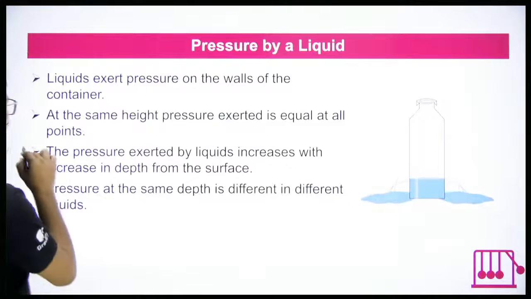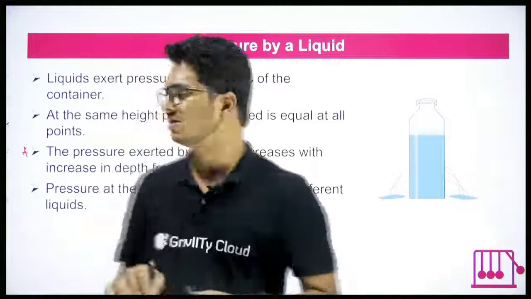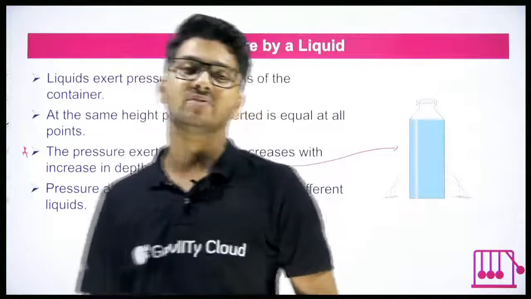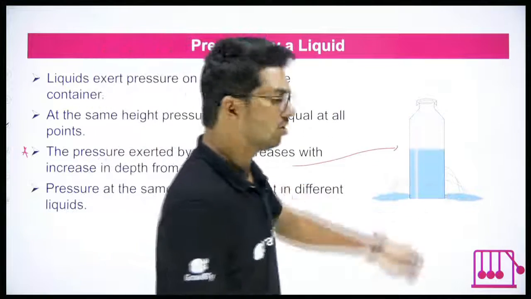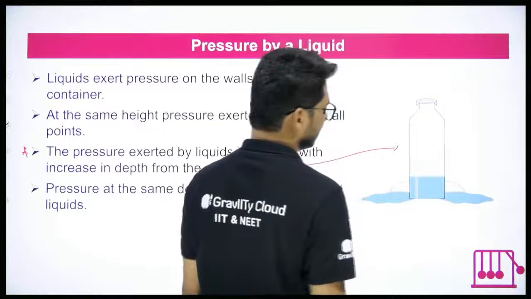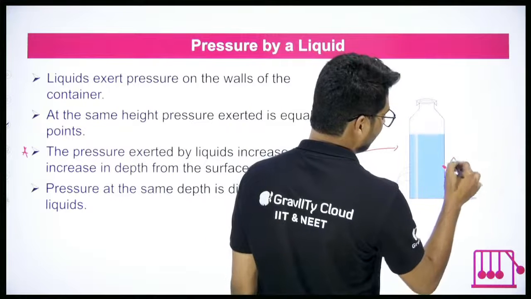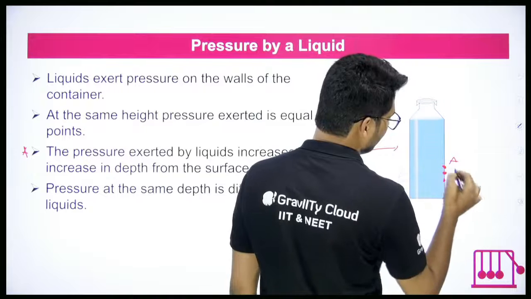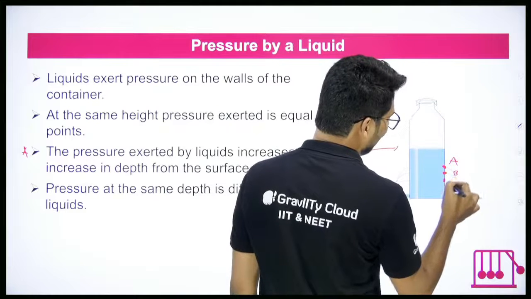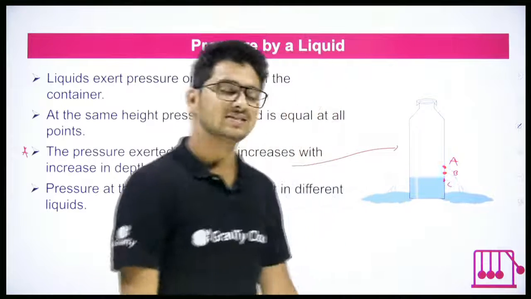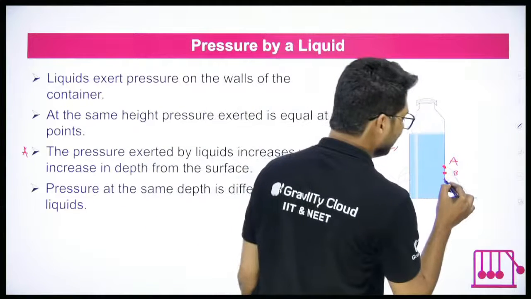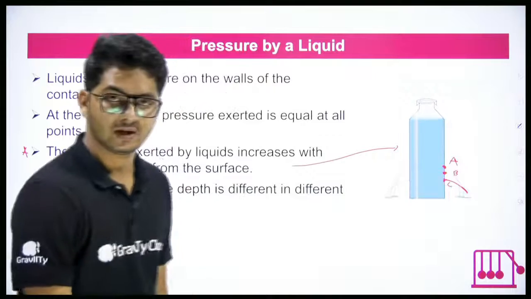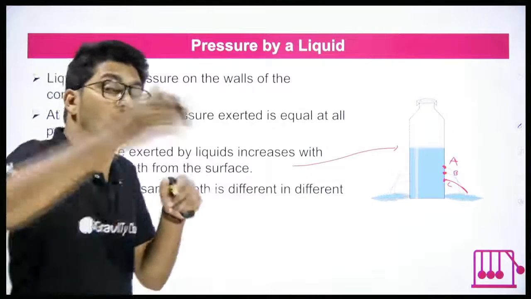And for the third point that we just discussed, there is another way of understanding it. Just look at the animation. See here we have 3 holes, A, B and C. You can clearly see that the water from C is going the longest.